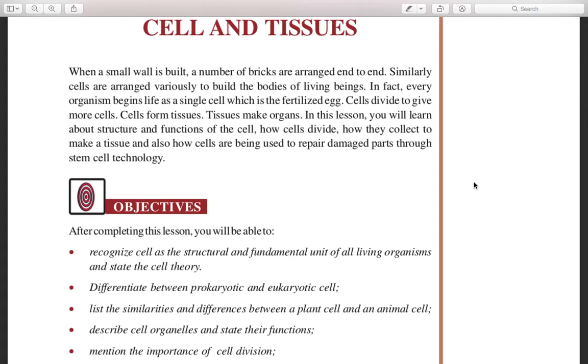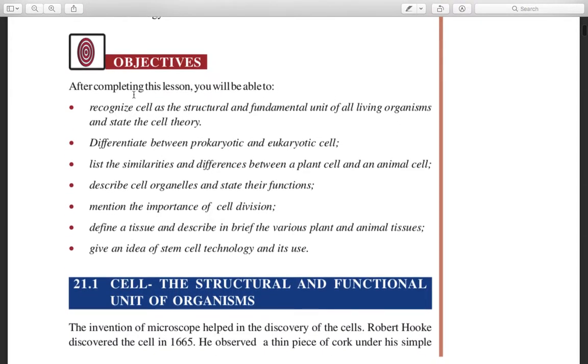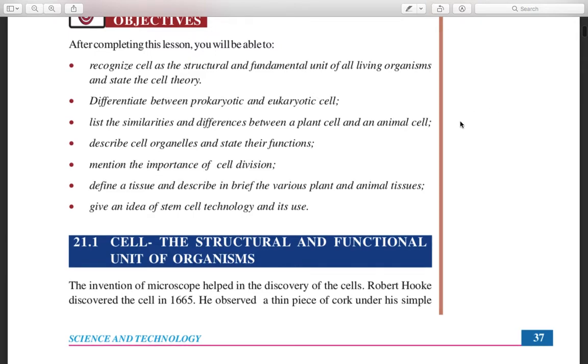In this lesson, after completing this lesson, inshallah, we will be able to recognize that the cell is the structural and fundamental unit of all living organisms, and also state the cell theory.